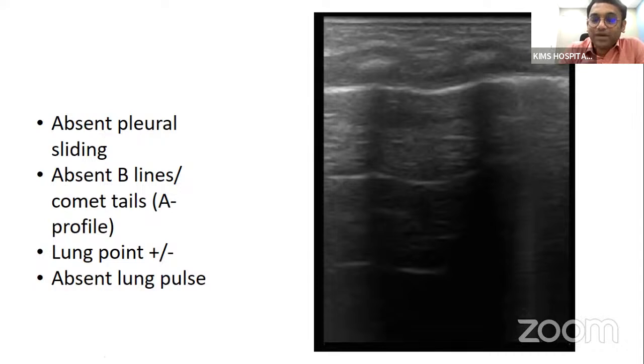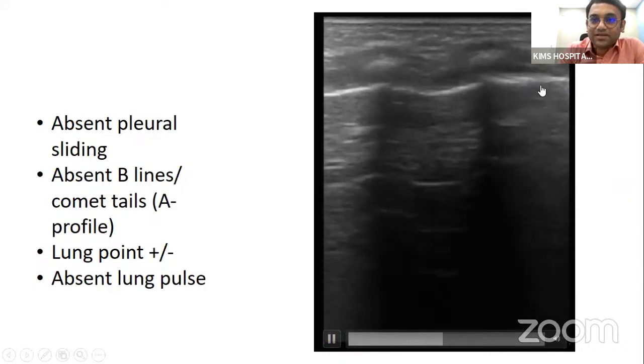B lines will be absent, and the A lines will be normal. This is the only condition where the baby has A lines but you still label it as abnormal, because the lung sliding sign is absent. And we have the lung point sign, as we discussed, where the pneumothorax part will not have lung sliding and has A lines, and the normal lung will have lung sliding and can have normal A or B lines.